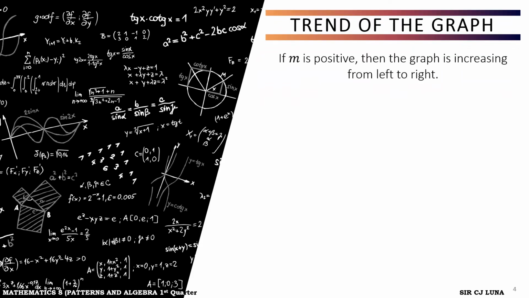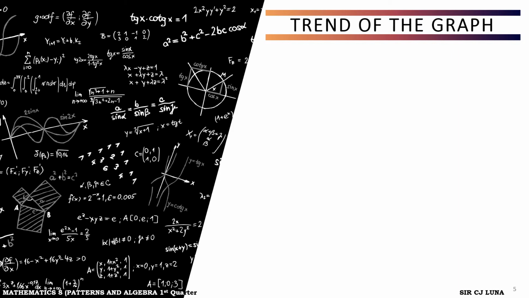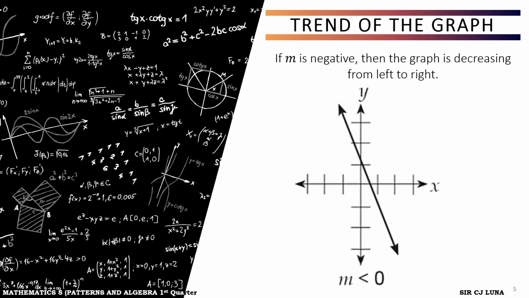Let's say ang ating slope ay positive. Kapag ang slope natin ay positive, ang kanyang graph ay increasing from left to right. So ganyan ang itsura ng ating graph kapag ang slope natin ay greater than 0 or positive. If the slope is negative, then the graph is decreasing from left to right.